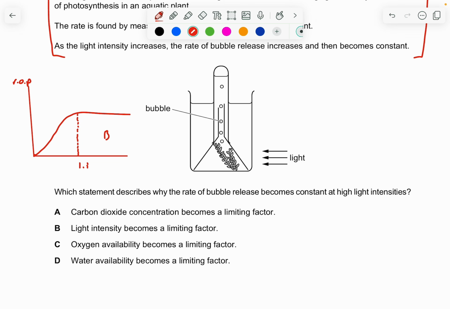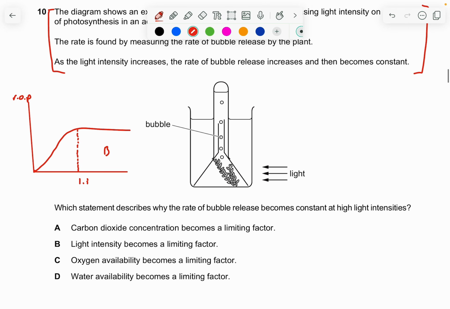So let's see the answers we have here. So they say that carbon dioxide concentration becomes a limiting factor. Maybe. Let's put here. Light intensity becomes a limiting factor. No. Remember that if you watch any of my lesson videos, when you're in section B of the graph, the x-axis will never become the limiting factor again. It's ruled out by other limiting factors.